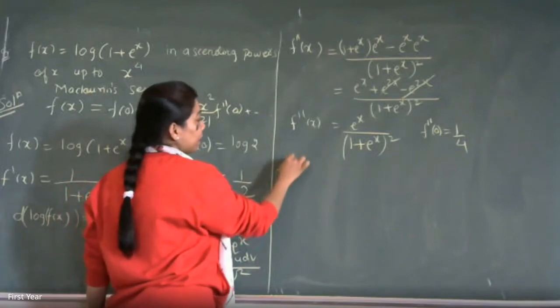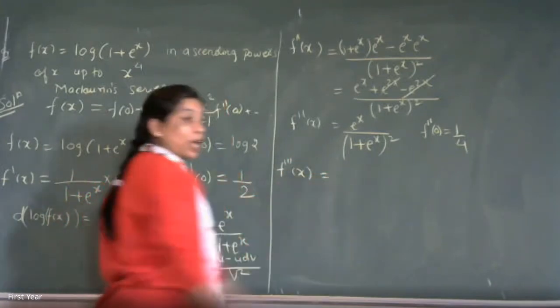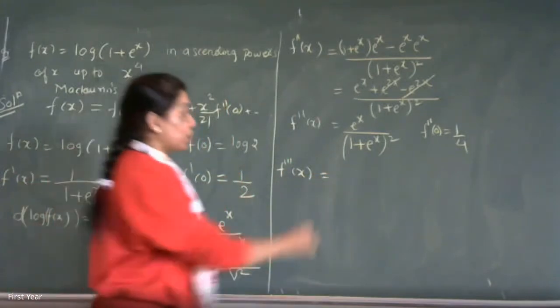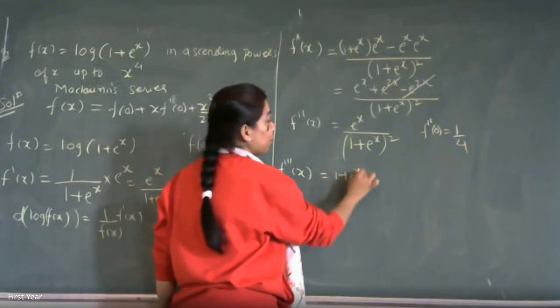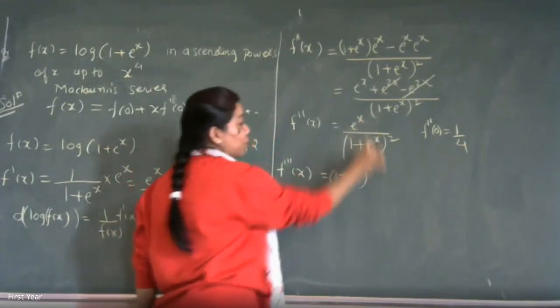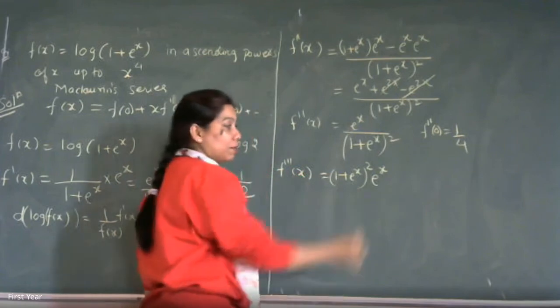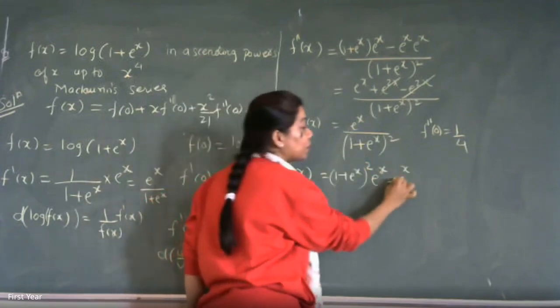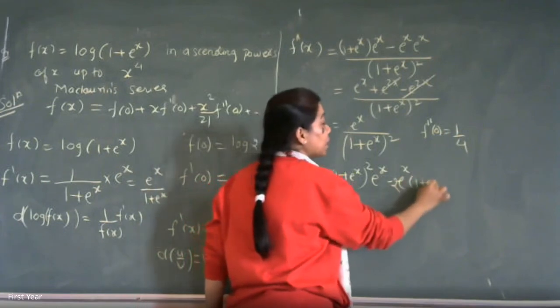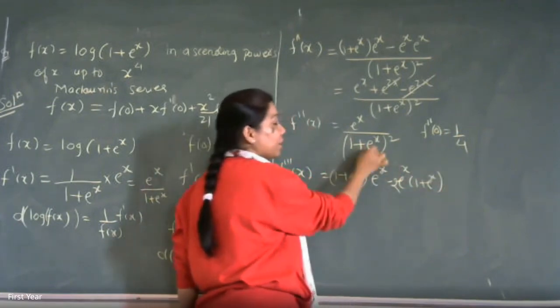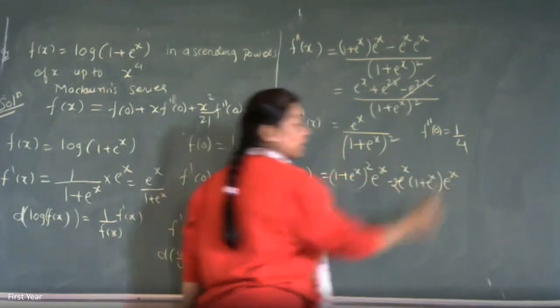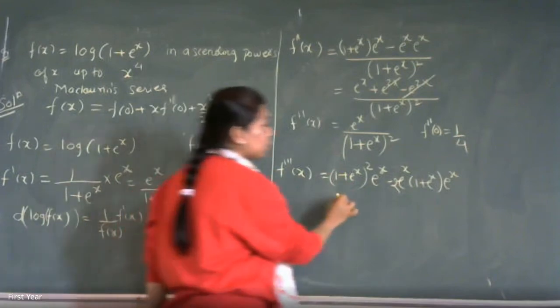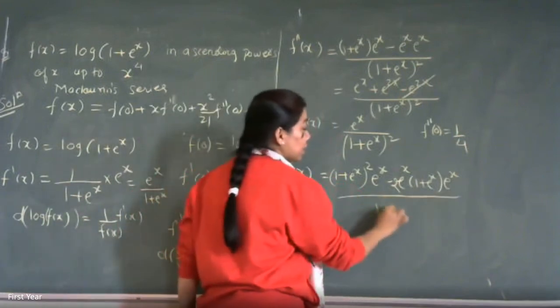So f triple dash at x, again we are going to use the same rule, u by v rule. So what is v? 1 plus e raised to x square. Denominator as it is, derivative of numerator e raised to x is e raised to x, minus e raised to x as it is, into derivative of the denominator, which is 2 times 1 plus e raised to x into derivative of 1 plus e raised to x, which is e raised to x, divided by v square.